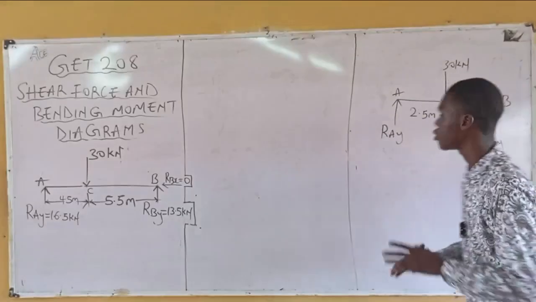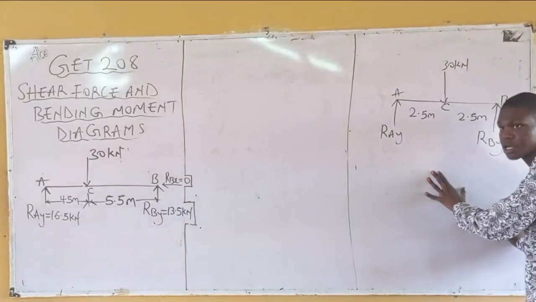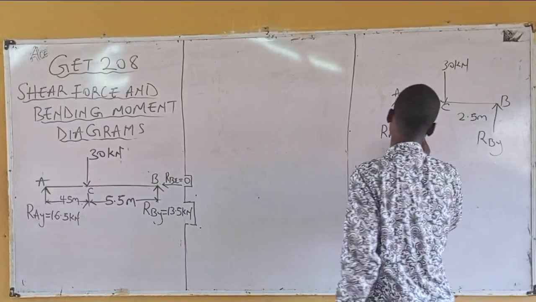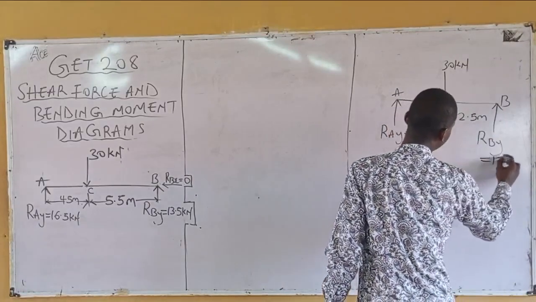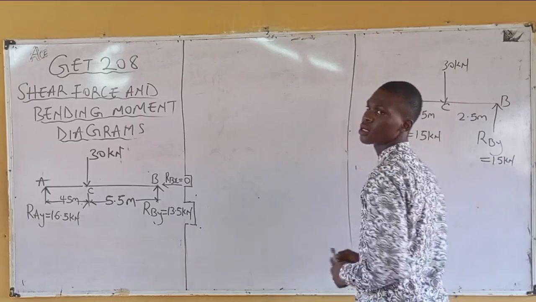This one has equal distances, but in the other the distances are not equal. If you want to calculate the support reaction here, it's the same process that we went through. But I can just write my final value, which will be 15 kilonewton and 15 kilonewton.